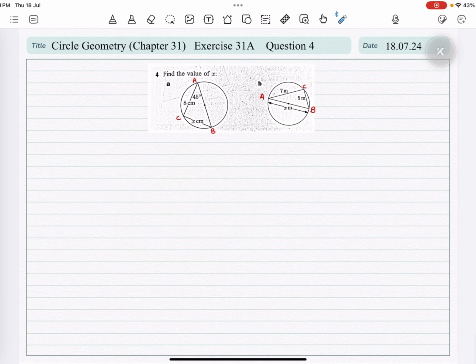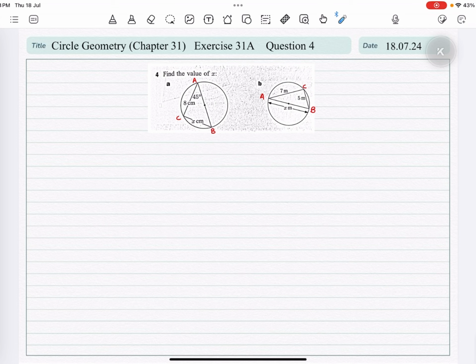So according to this theorem, this angle is 90 degrees. If this is a right angle, we can use various methods such as Pythagoras, but we can't really use Pythagoras here because we don't know the hypotenuse, so we can't find this side. We only know one side. We can also use trigonometry here because it's a right angle, and this angle is 45 degrees, so we can substitute 45 degrees and find x.